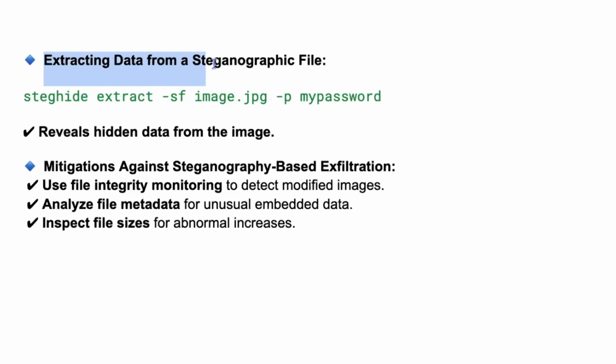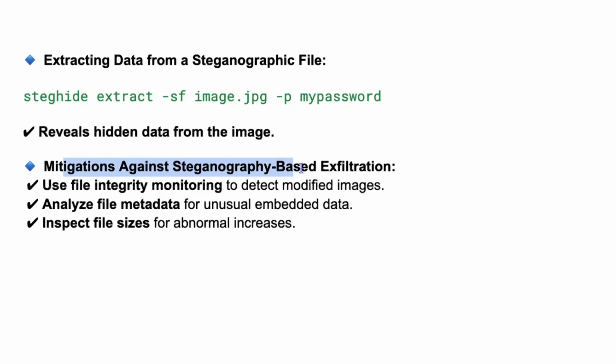To extract the data from a steganographic file, again, it's steghide, and now you're using the extract option. You would give it the image itself and then the password, and it reveals the hidden data from the image. So you use steghide to embed secret data into the image, and you would use steghide to extract the data as well.